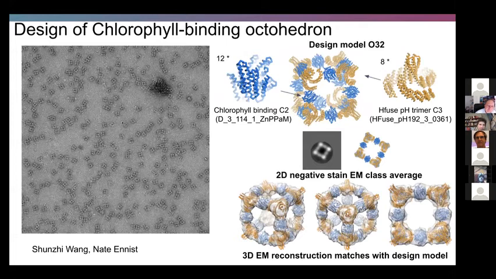And you see these very beautiful octahedra here, which have 2 chlorophyll molecules in the middle of each edge. So we've got a synthetic light harvesting complex. And now the question is, what can we do with all the light that's captured?